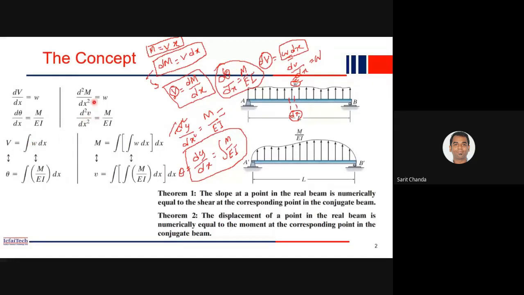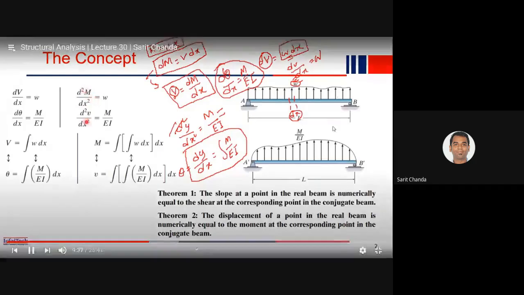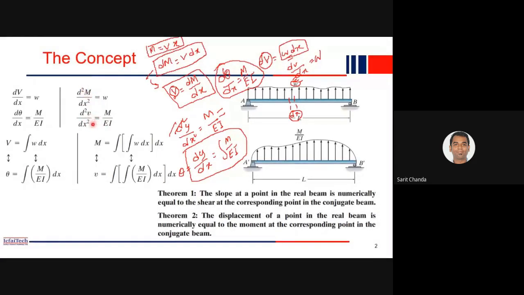Similarly here also, this is a real beam, d square M by dx square. If you see, both are similar equations, right? If you replace M with a deflection y, then what you will get? This is the imaginary beam. If you compute the moment at any particular section in this imaginary beam, that moment is equivalent to the deflection in the real beam.